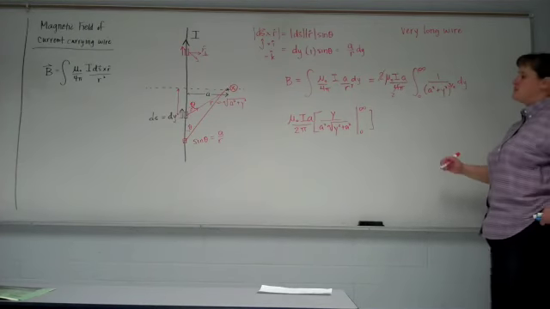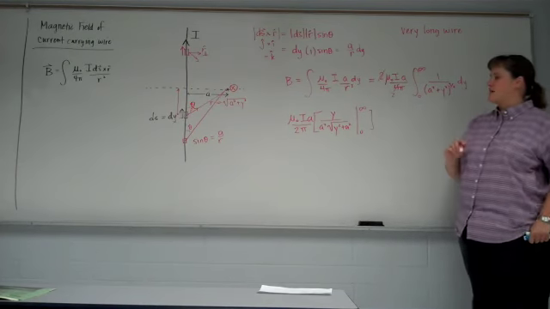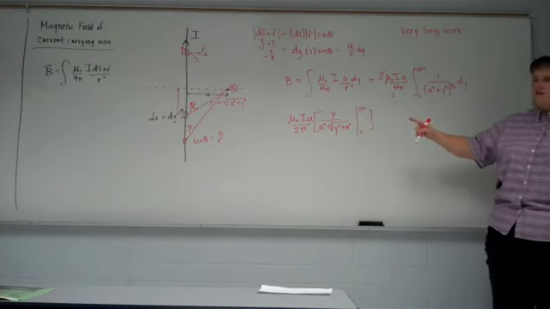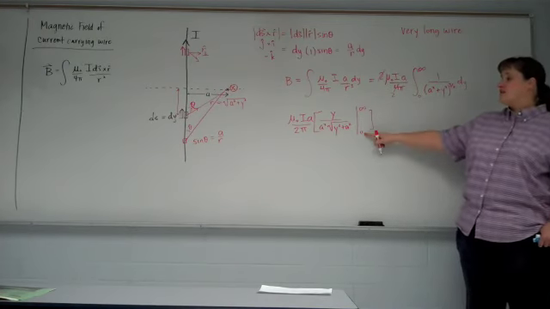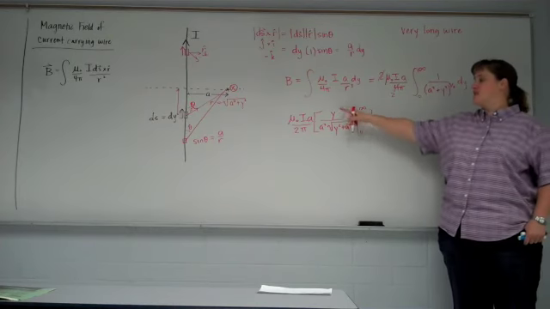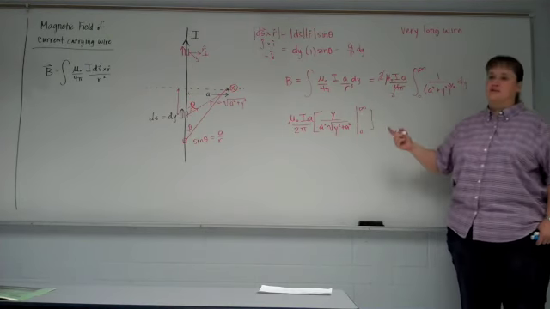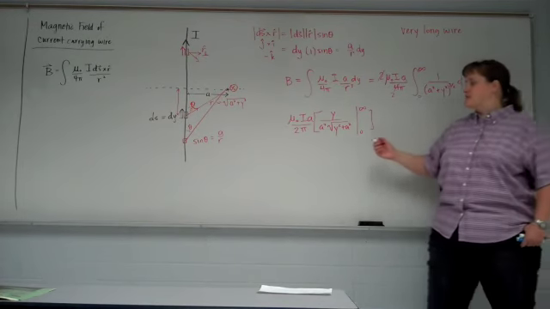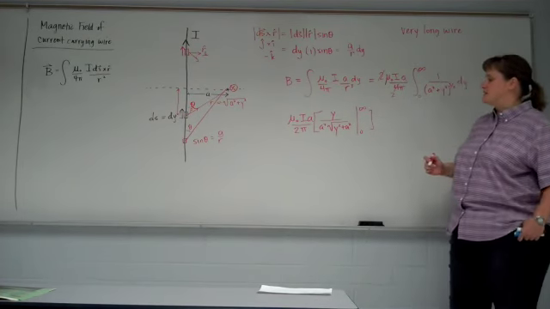Plugging in our limits, we're going to run into a problem when we plug in infinity, because we're going to get infinity over infinity. 0 is going to be fine. If we plug in 0, we're going to get 0 over a cubed, basically. So that's fine. The lower limit is 0, but the upper limit.